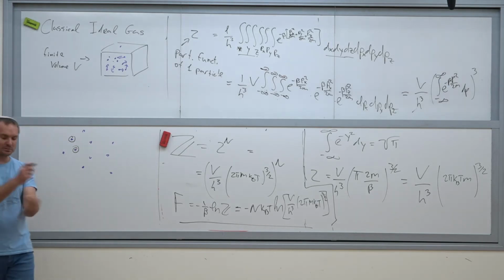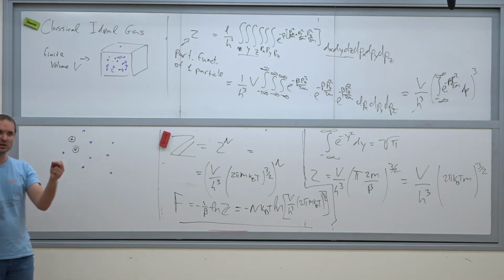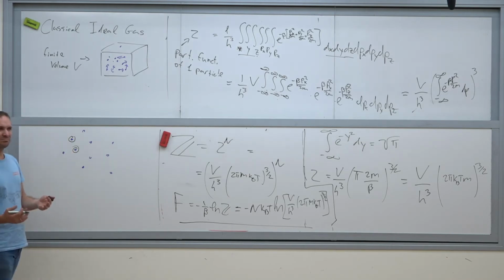All different permutations of all different particles produce no additional states. It's exactly the same state that somehow I counted twice.